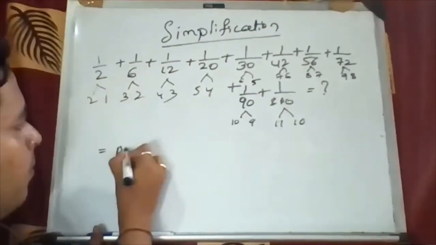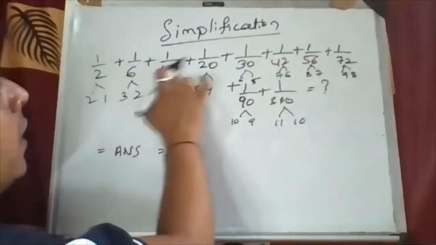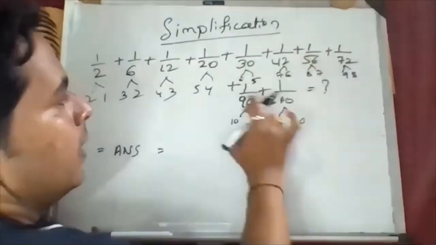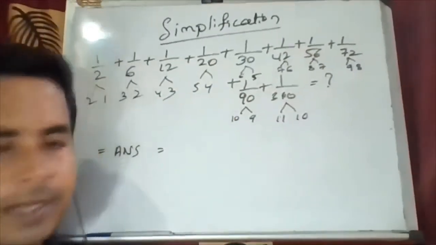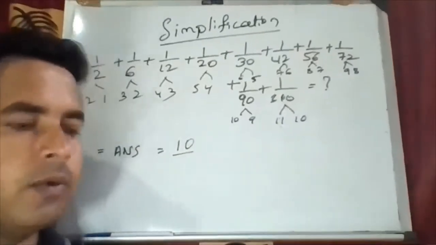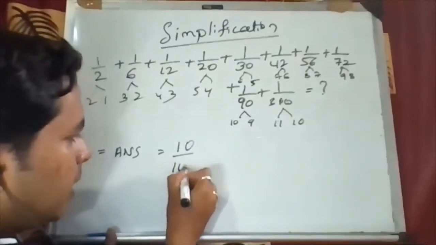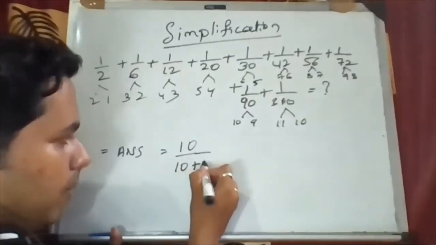Now, I check all the factors and their difference is 1, so my answer is what? How many numbers are given? 1 2 3 4 5 6 7 8 9 10. Total 10 numbers are there. Then what is the difference in their factors? 1. So 10 divided by 10 plus 1.